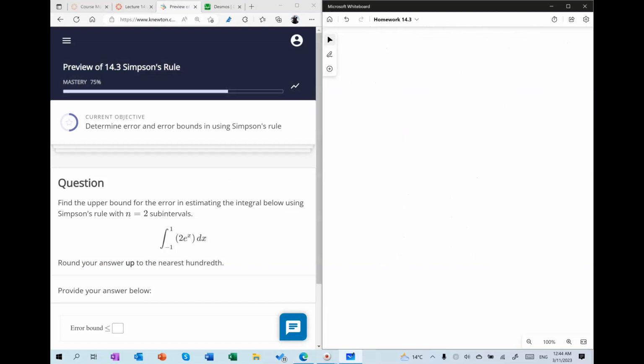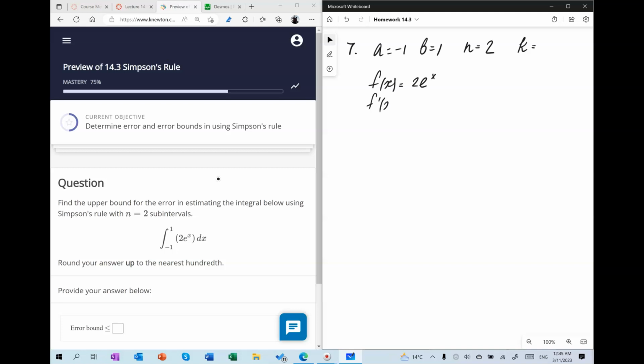Right, so another question on finding the upper bound. And we have A is -1, B is 1, N is 2, and we need to find K. To find K, we need to find the fourth derivative.